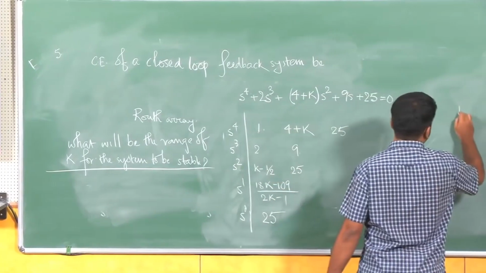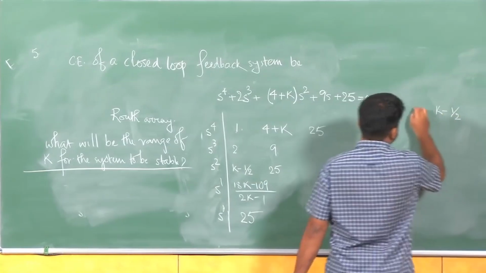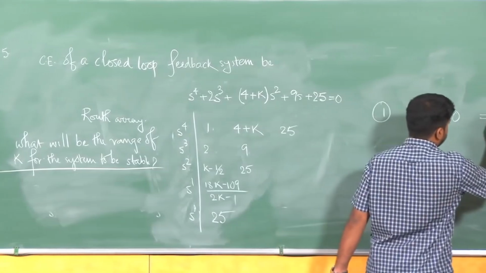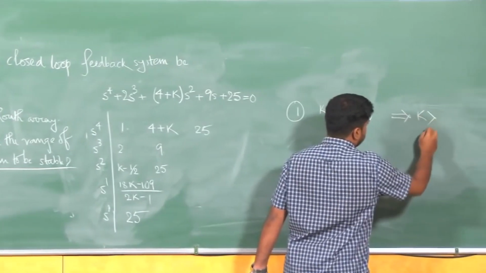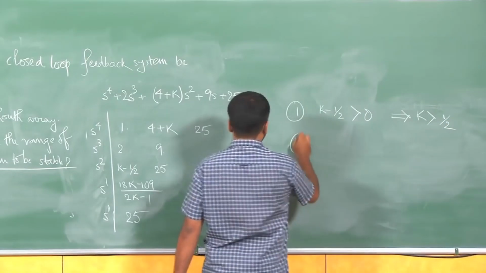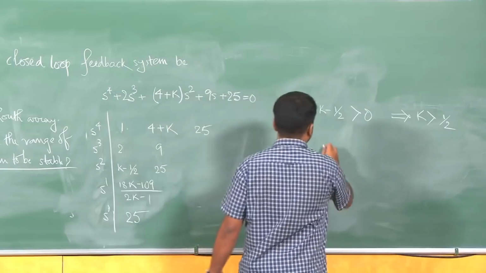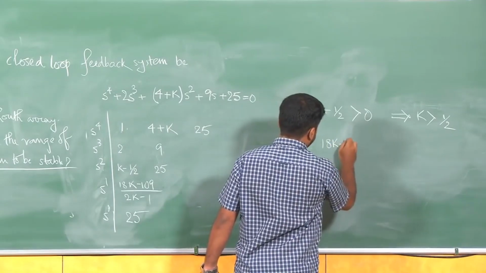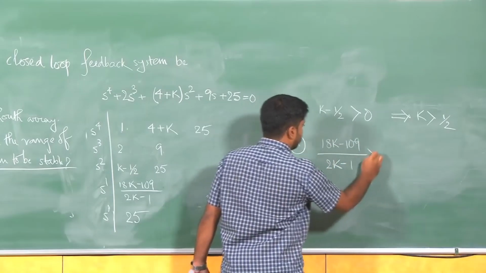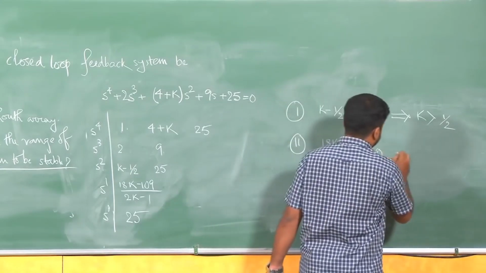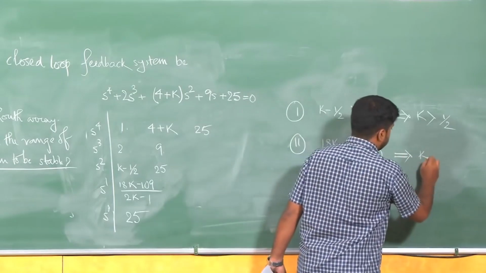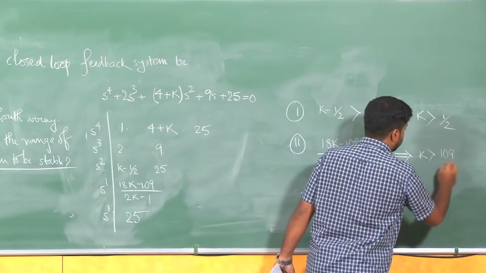First condition is k minus half should be positive, that means k is greater than half. Second condition: (18k minus 109) by (2k minus 1) is greater than 0, that implies k is greater than 109 by 18.